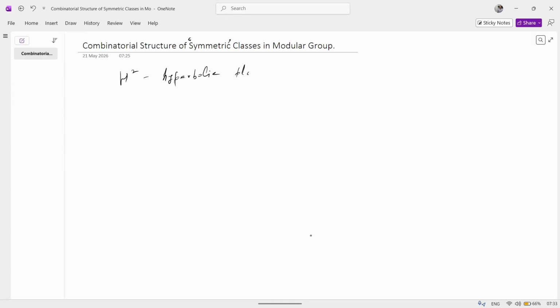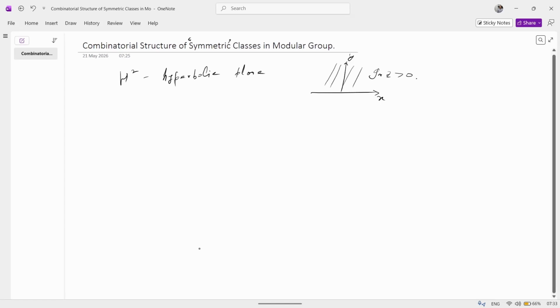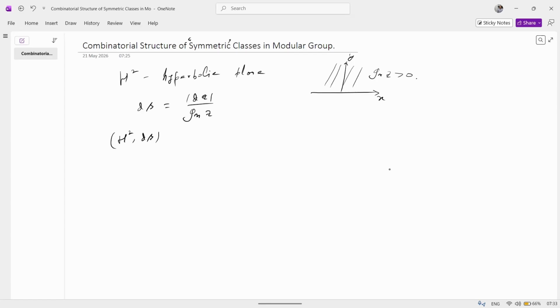So for me, H2 is the hyperbolic plane, which is the complex upper half space. Okay, so this is the x-axis and this is the y-axis. This is the complex upper half space, and you have a metric on the upper half space. So H2 equipped with this metric is a model for hyperbolic geometry.